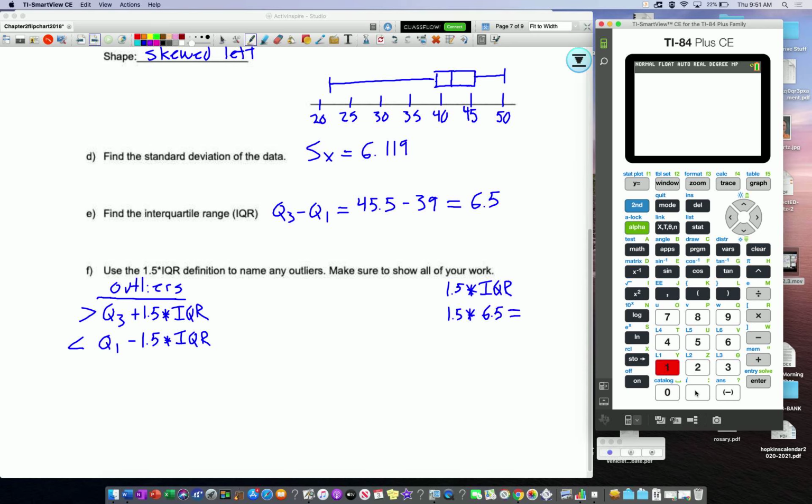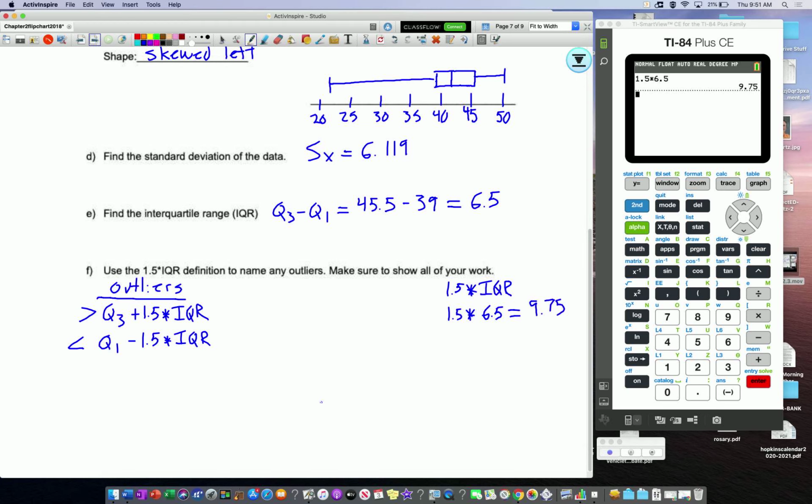Whoa, it didn't take my decimal. 1.5 times 6.5 is 9.75.